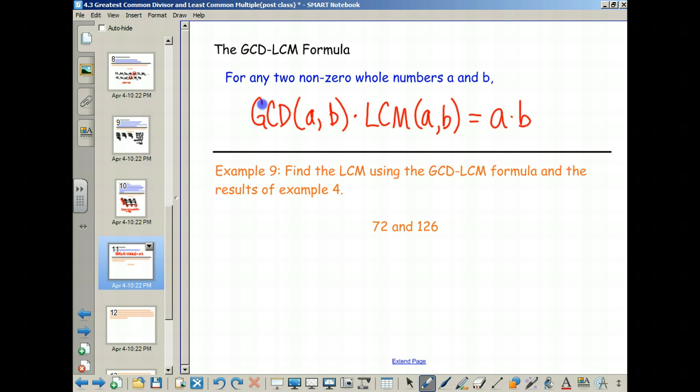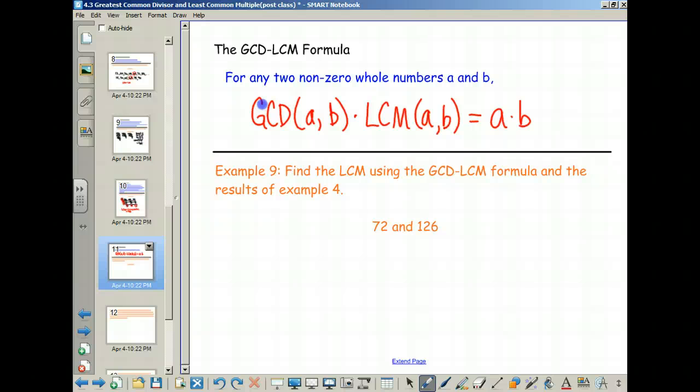Which is really handy because that means if you find one of them, you can find the other one without going through the rest of the process. I would like to do this as little as possible if I can, and this one allows you to do that.